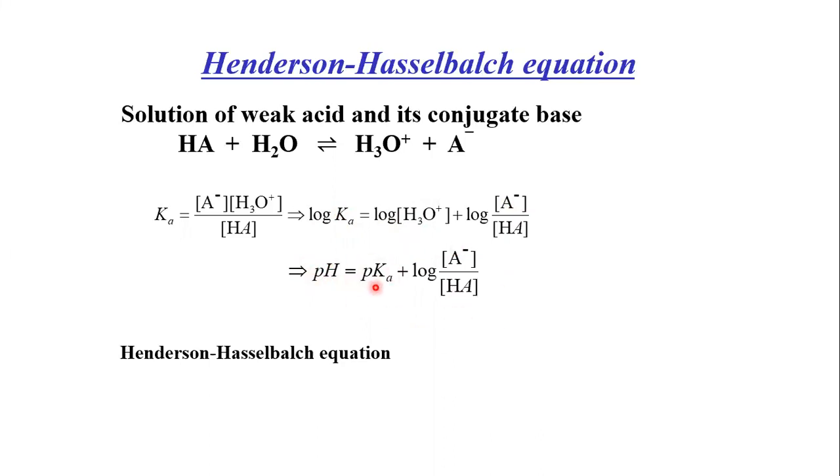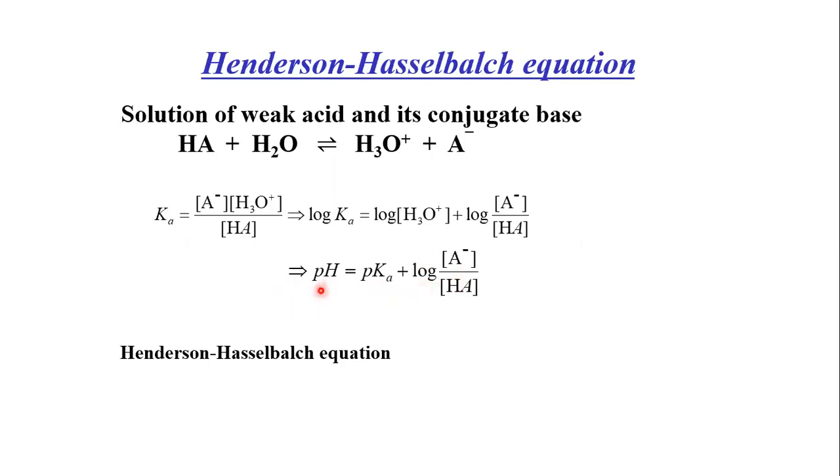I need pH equals pKa plus log of A minus divided by HA. If and only if I have the concentration of A minus at equilibrium and I have the concentration of HA at equilibrium, then indeed I will have the pKa, I could get pH. So if you have A minus and HA in solution, both species are present, I can use this equation to calculate pH.